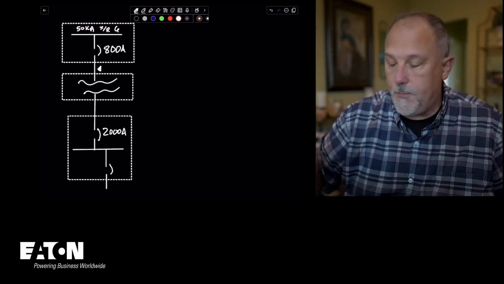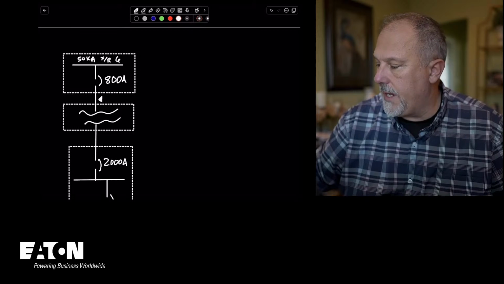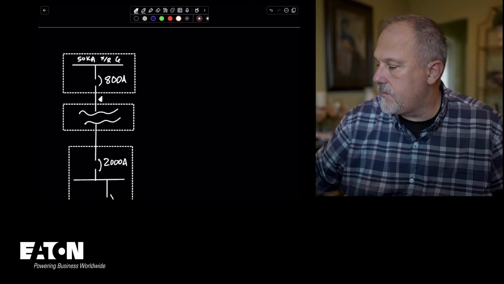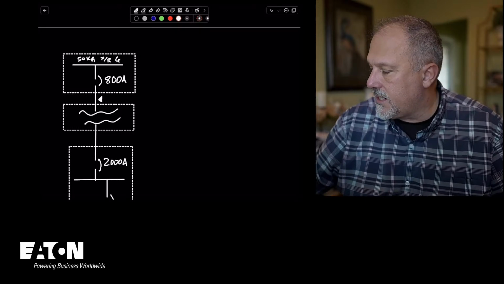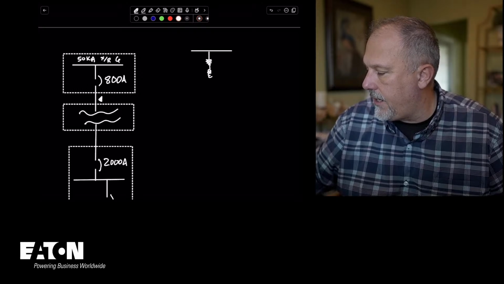So the first thing we have up here is the 50 kA with an X to R ratio of 6. So what that's going to be represented as is a resistance and an inductance.